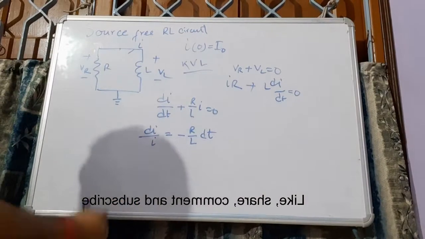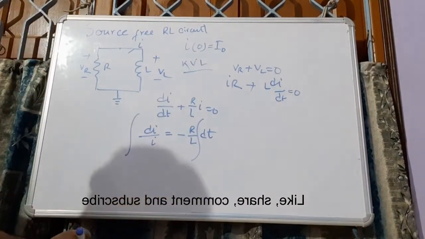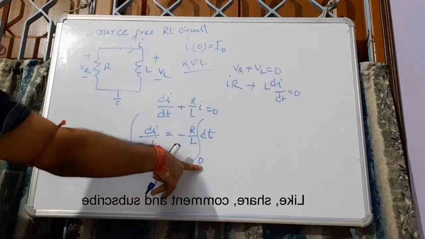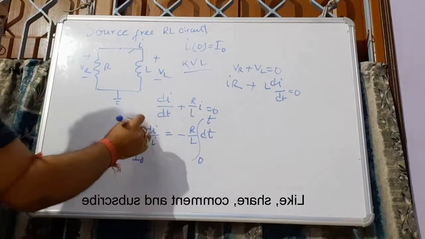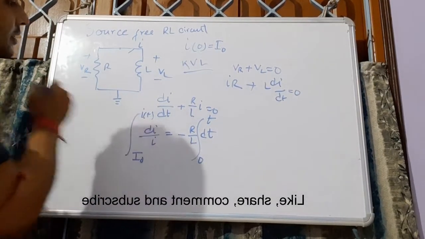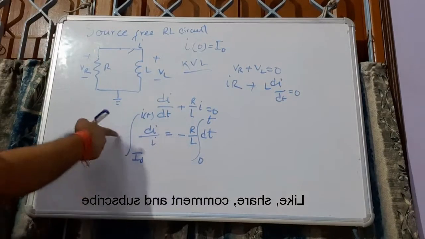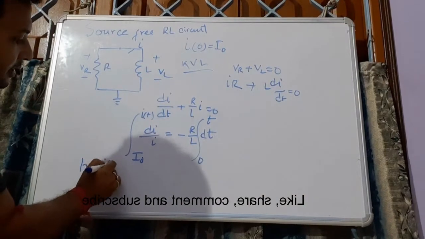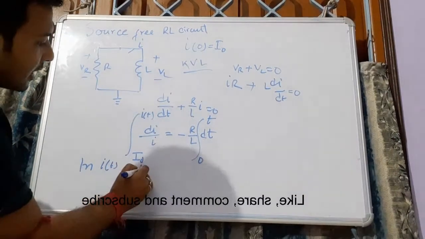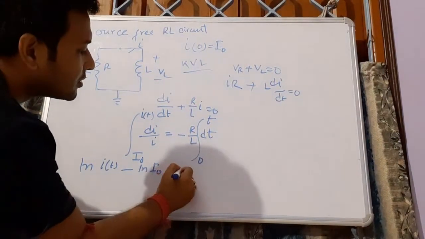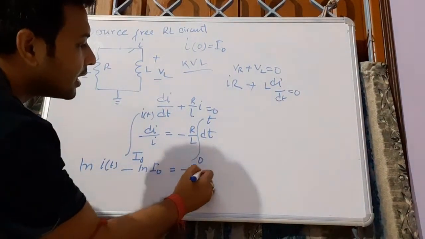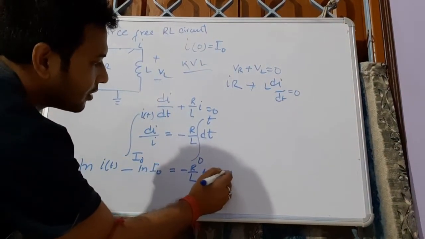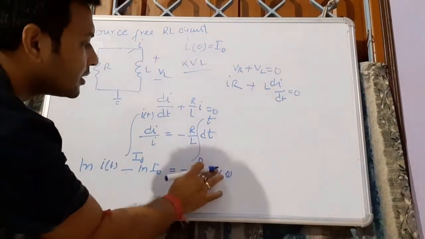Now if we integrate this, from I0 at time 0 to I of t at time t, this will be ln I of t minus ln I0 equals minus R by L into t minus of 0.